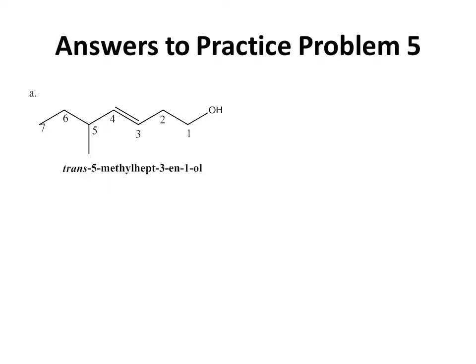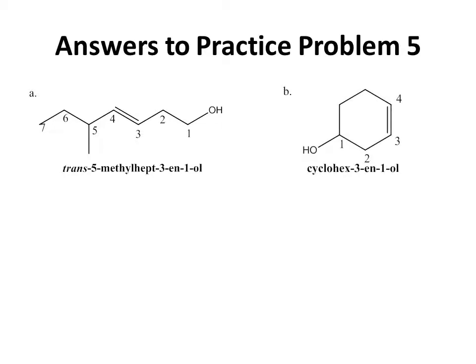Those are the atoms you don't see. And that makes this trans. So we have trans in the front, 5-methyl, hept for 7 carbons, 3-en, 3 for the position of the carbon-carbon double bond, 1-ol. Trans-5-methylhept-3-en-1-ol.